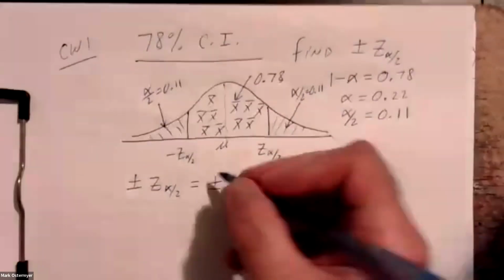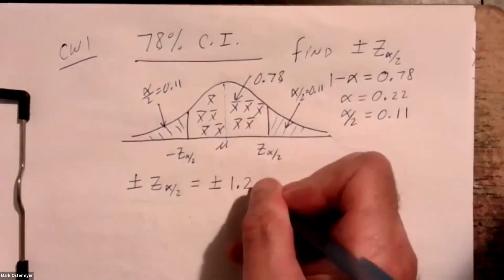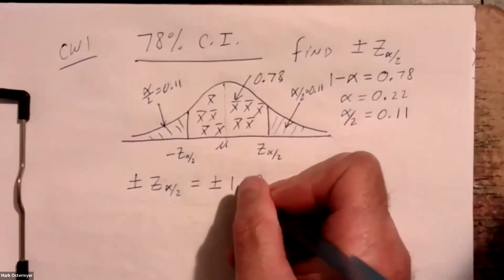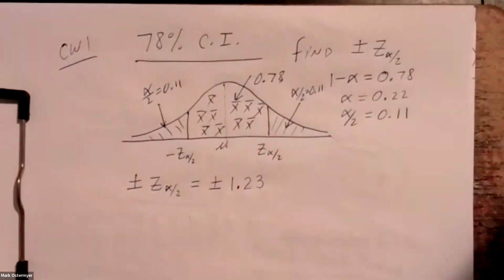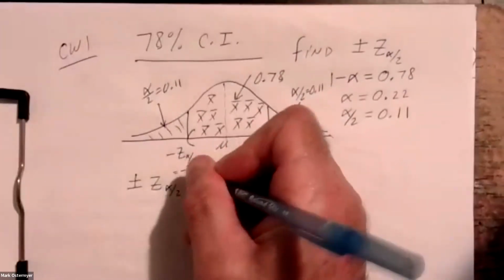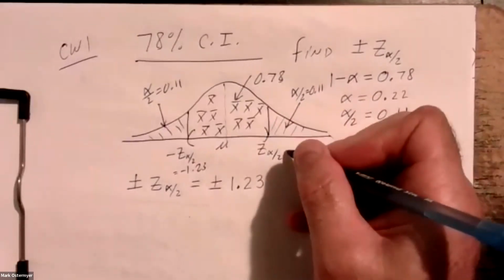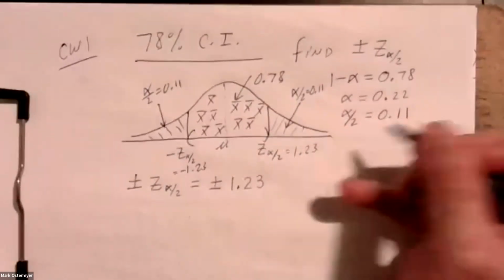Okay. Rounded off to 2 decimal places, are we getting positive or negative 1.23? Yes. All right, those would be critical Z values. So you're gonna have one down here, which is negative 1.23, and your upper endpoint critical Z value is gonna be positive 1.23.